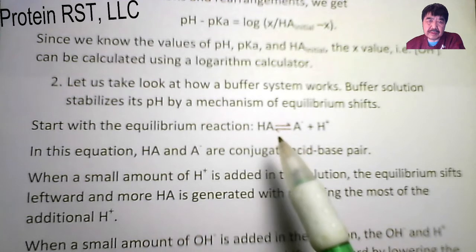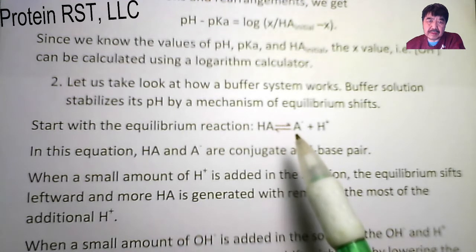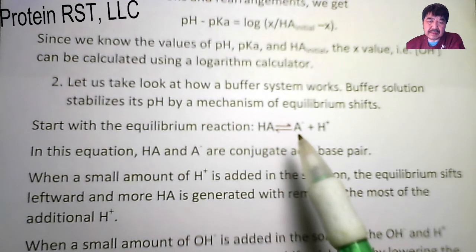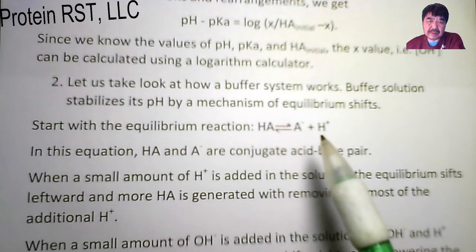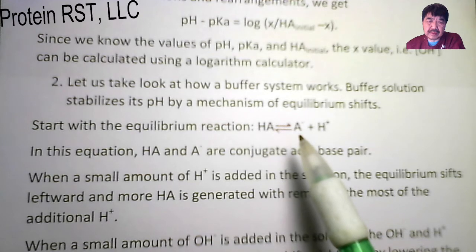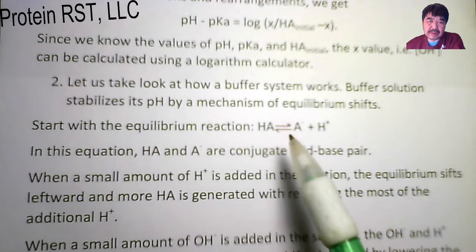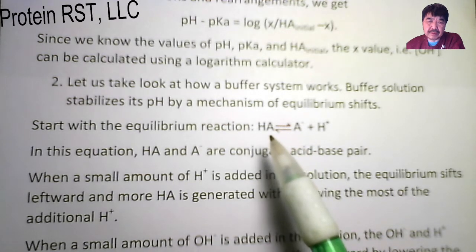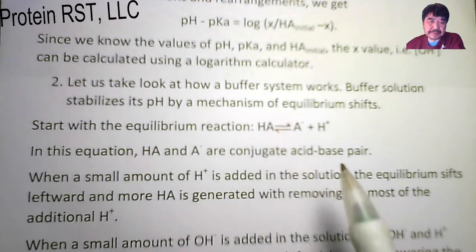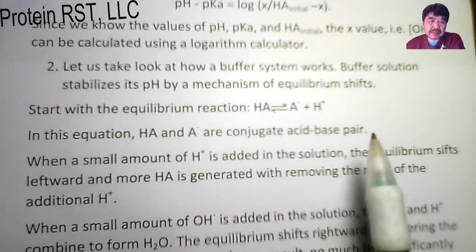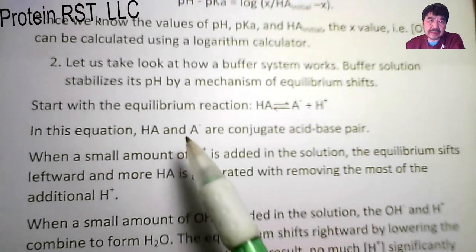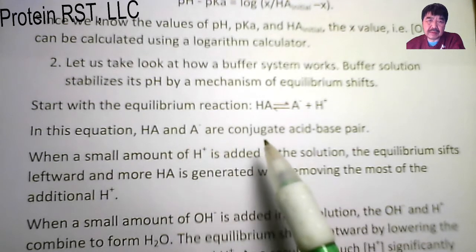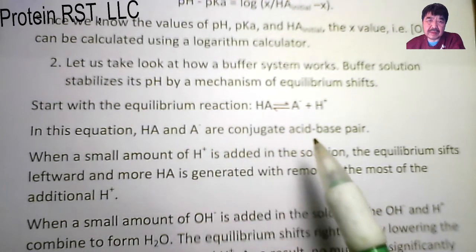HA forms A minus, the acid radical, plus a proton, and the proton and the acid radical can come back to form HA. In this equation, HA and A minus are a conjugate acid-base pair.